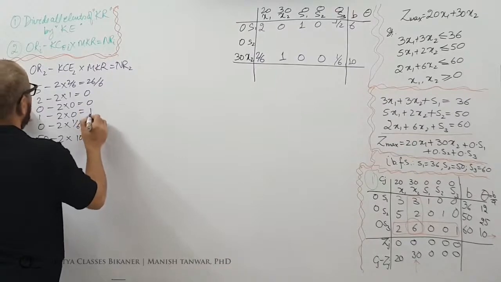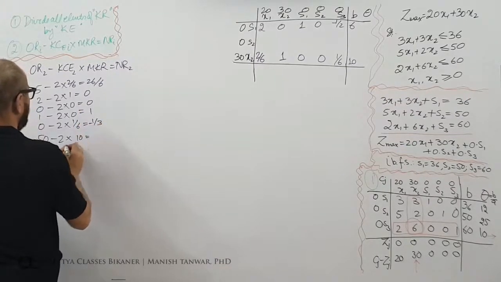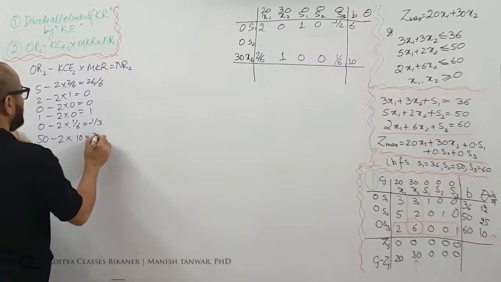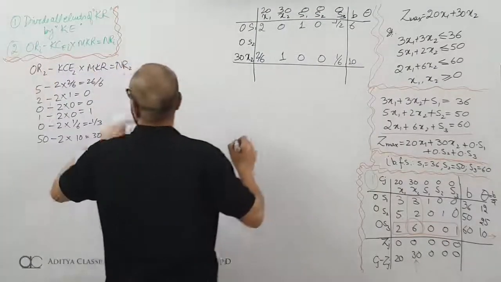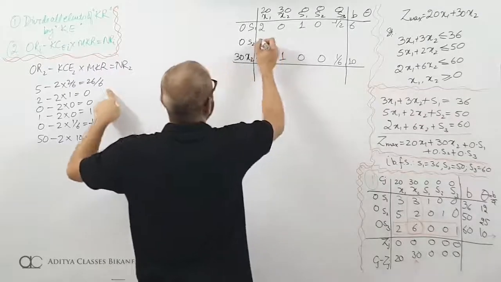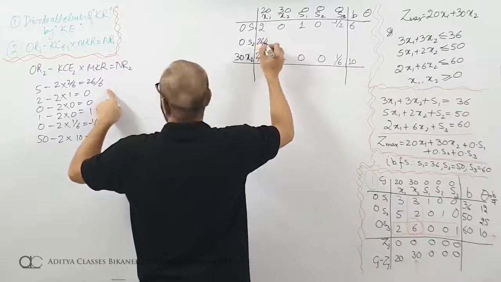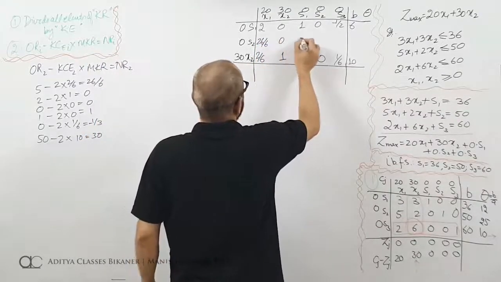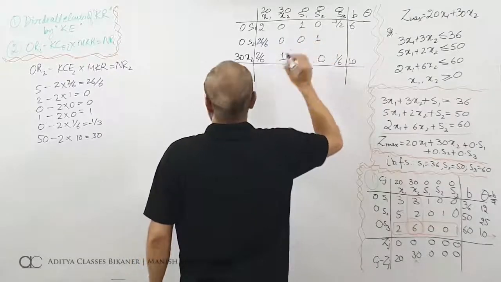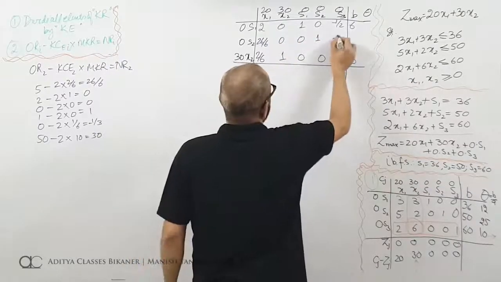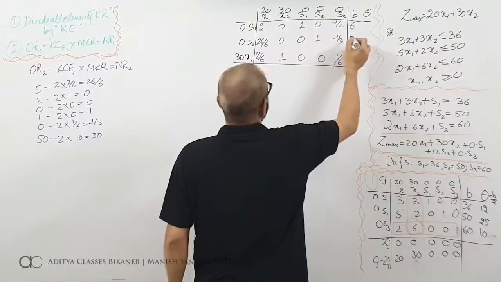Another 0. 1, 1 by 3, negative 1 by 3. 20, 50 minus 20 would be a 30. So the values are 26 by 6, 0, 0, 1, minus 1 by 3 and 30.